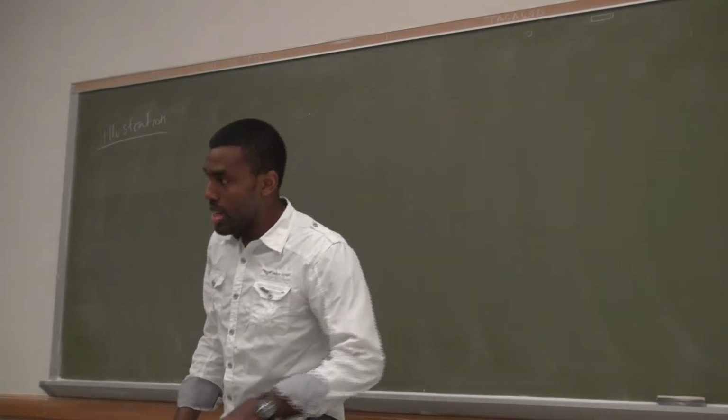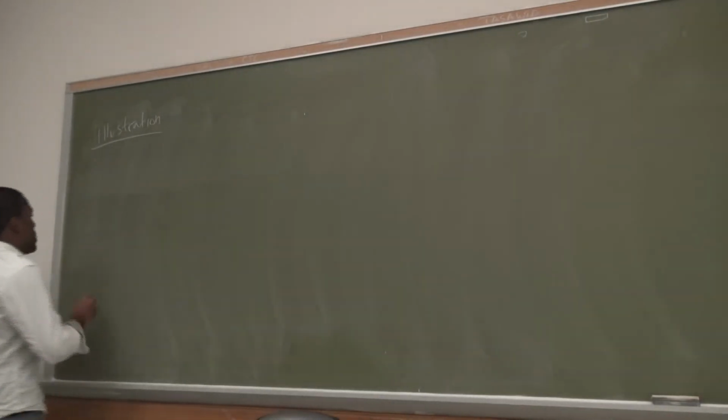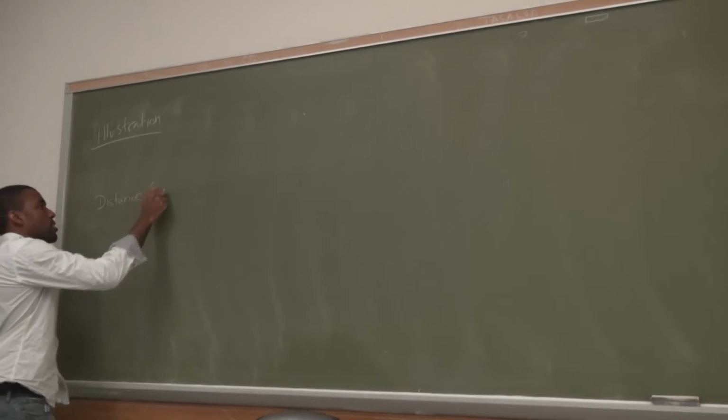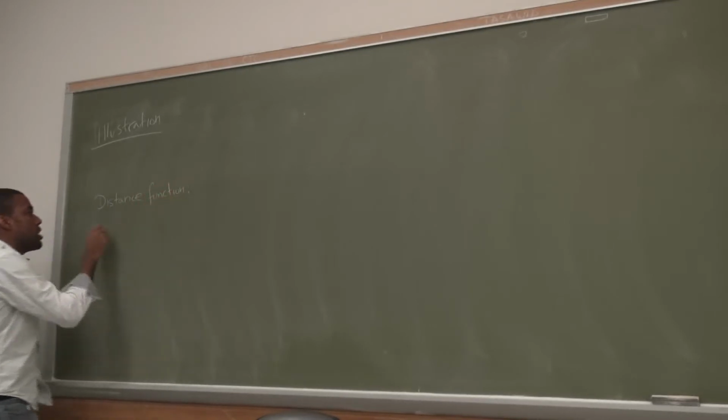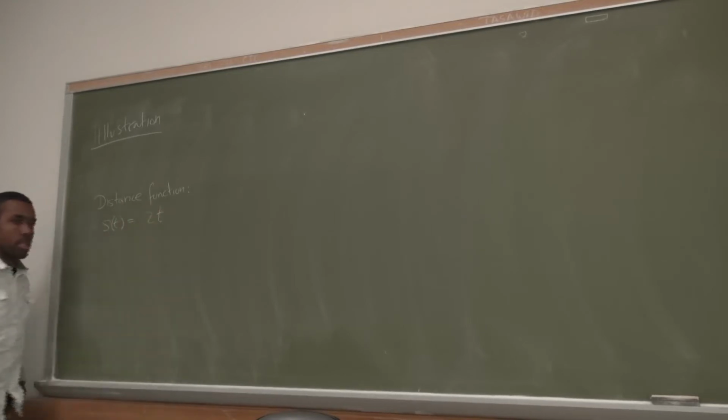So let's go to an example that we had from the beginning of class. We did something similar to this. Remember when we had a distance function? Say it's s of t equals, I don't know, 2t, something easy so you can see the idea, right?